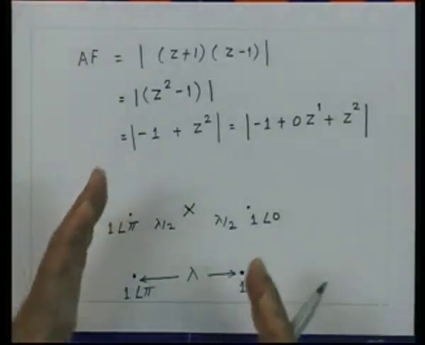So, though we initially started with a 3 element array because there were 2 nulls required, by synthesizing this in terms of nulls, essentially we find that 2 elements are enough to give you a null in the direction of phi equal to 0 and the direction phi equal to pi by 2. Since this is a 2 element array which we have already investigated, we can see what the radiation pattern for this would be.